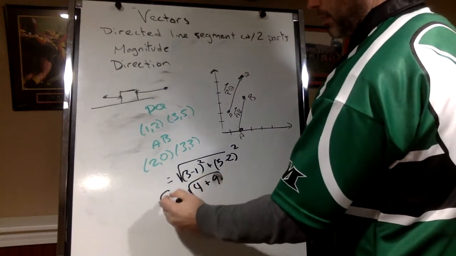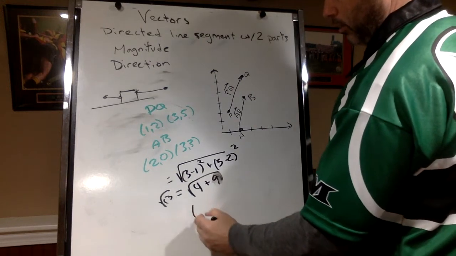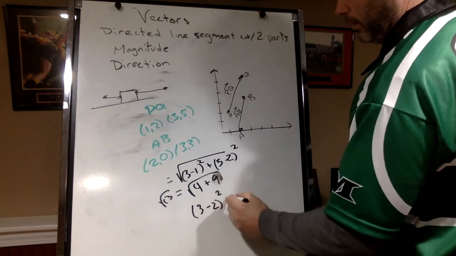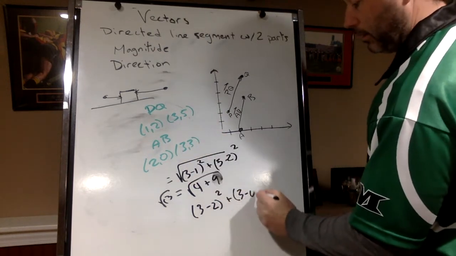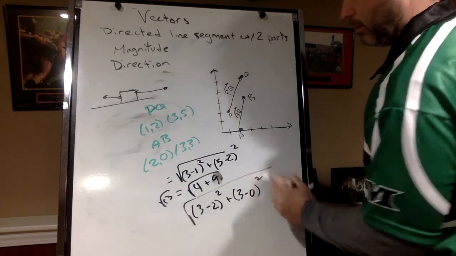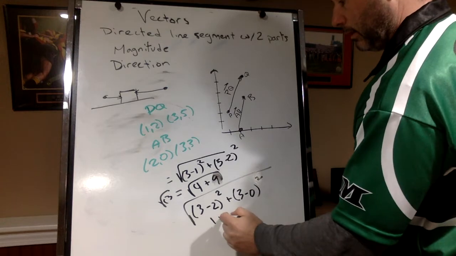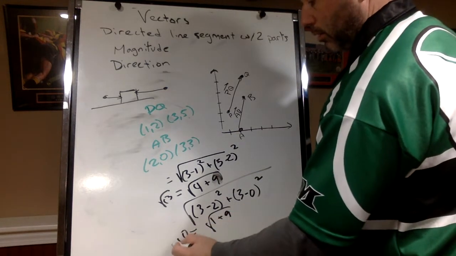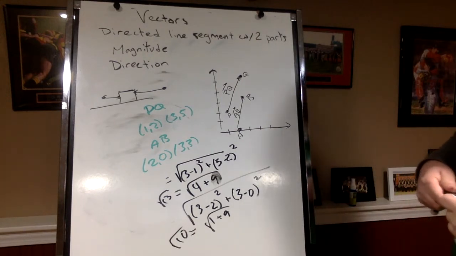So we get root 13. That's the magnitude. Let's check the next one. So we're going to go 3 minus 2 squared plus 3 minus 0 squared, square root the whole thing. That's 1 plus 9, root 10. They're not equal, and it makes sense that they're not.